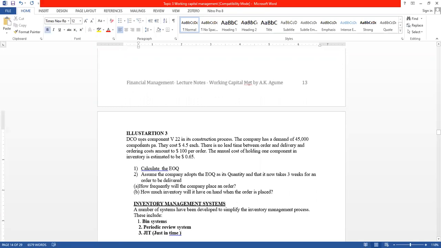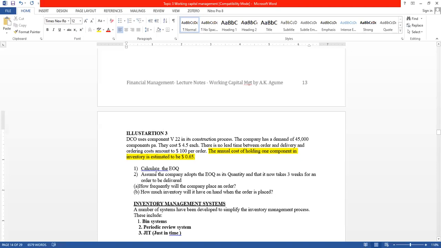They're saying that DCO uses component V22 in its construction process. The company has a demand of 40,000 components per annum, and they cost $4.5 each. There is no lead time between placing an order and delivery, and the ordering costs amount to $100 per order. The annual cost of holding one component in inventory is estimated to be $0.65.